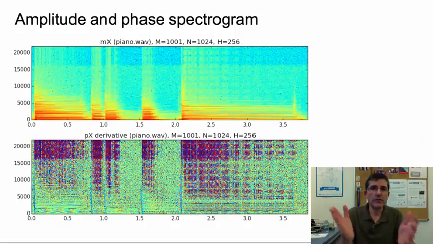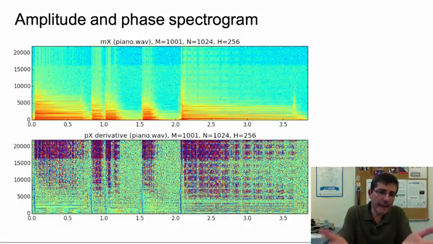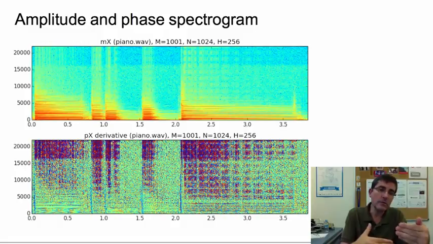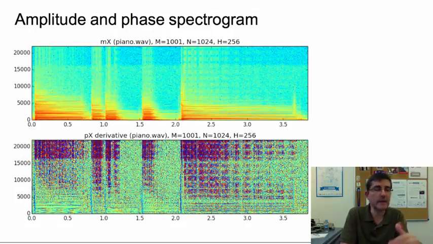And then, of course, typically we only show the magnitude spectrum, but the phase also has valuable information. So in here we see both the magnitude spectrogram and the phase spectrogram. In fact, what we are seeing is the derivative of the phase. And if we take the derivative, what we are seeing is when there is a flat region, and when there is a phase that changes a lot.